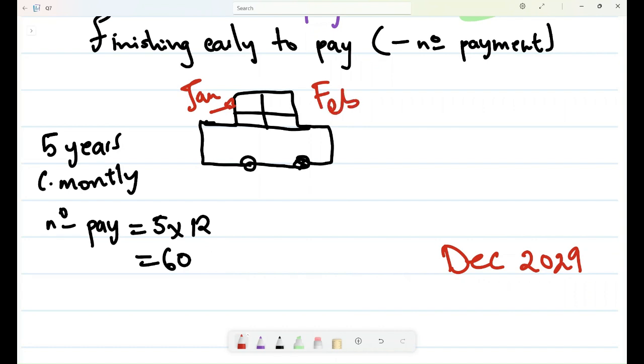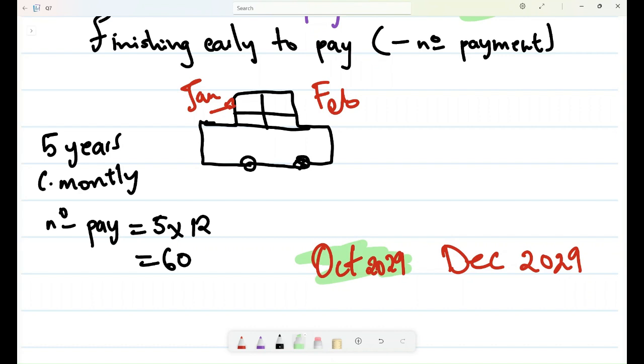But if you are paying from February, it is okay. Let's say you end your payments 3 months earlier or 2 months earlier, which is November, October. You make your last payment in October 2029. This is your last payment.